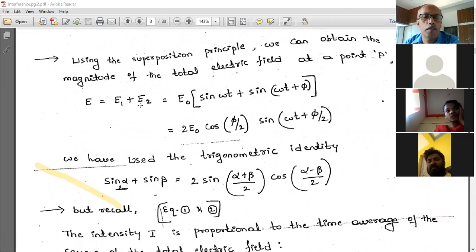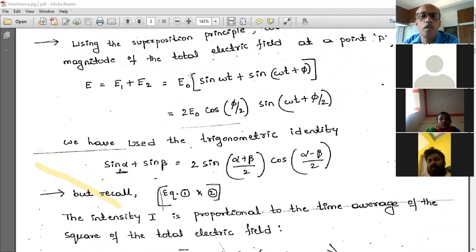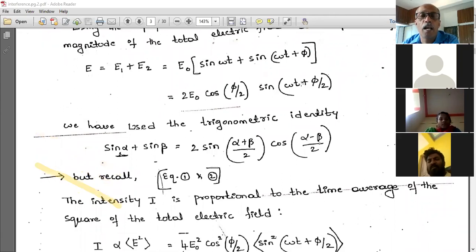Therefore, the resultant electric intensity at point P due to the superposition of E1 and E2 is E equals E1 plus E2. It is a vector sum that is equal to E naught, which is common for both, multiplied by sin omega t for E1 and sine of omega t plus phi for E2. We make use of the expression sin A plus sin B is 2 sin of A plus B by 2 into cos of A minus B by 2.